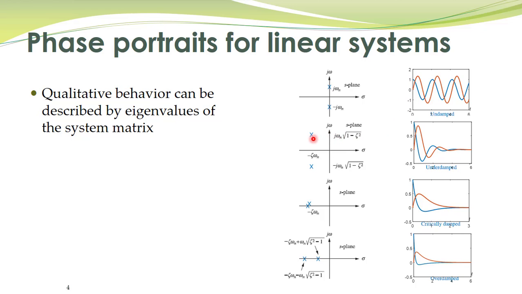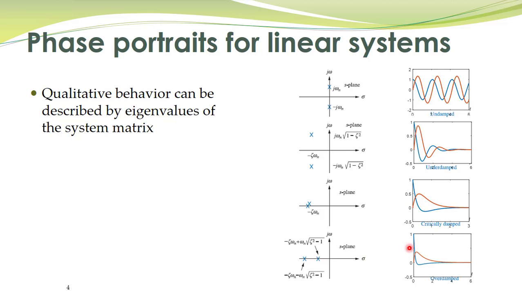And if the eigenvalues of the system matrix are complex, then what is the qualitative behavior of the system? You have damped oscillations. If you have eigenvalues which are real and equal, then this is the shape of response. And then you can have eigenvalues which are real and different, then you have an overdamped response.